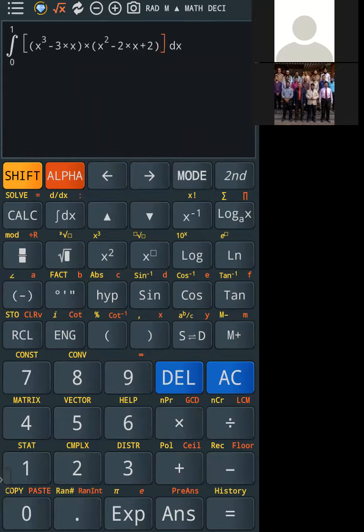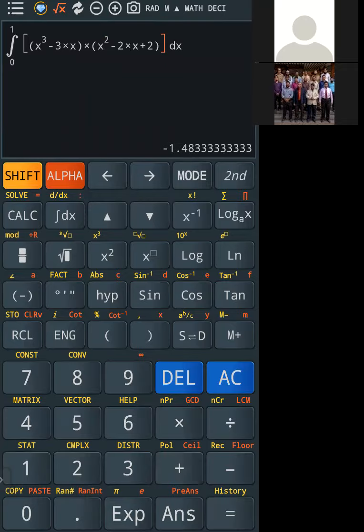This is the first term that I've written. So let's solve it. We are getting minus 0.48, so this is minus 1.48. This is the coefficient of C2.